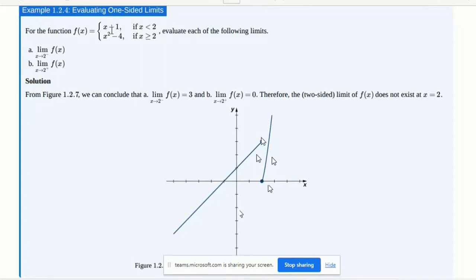Now, for f of x when x approaches 2 from the left, which one between the two, x plus 1 and x squared minus 4, are we focusing on when we are talking about the limit of f of x as x approaches 2 from the left?